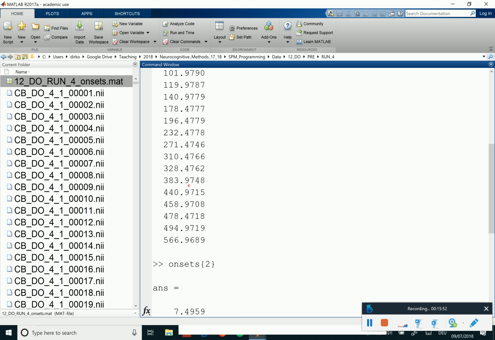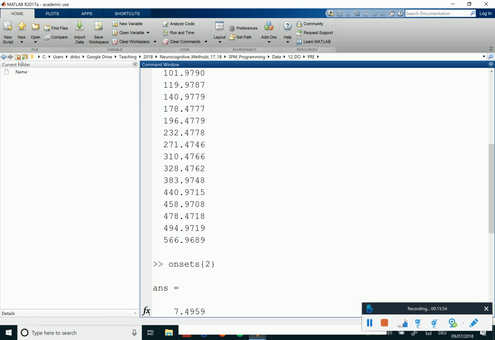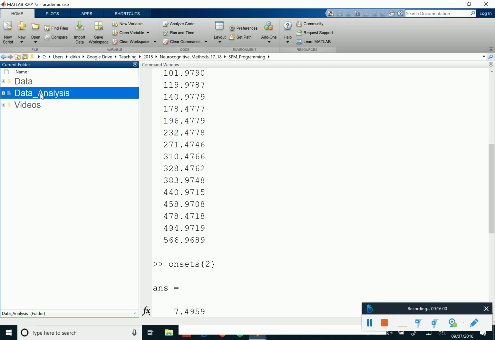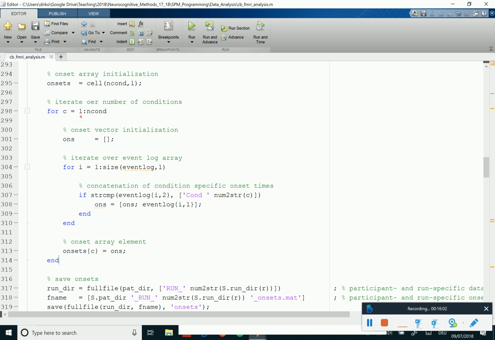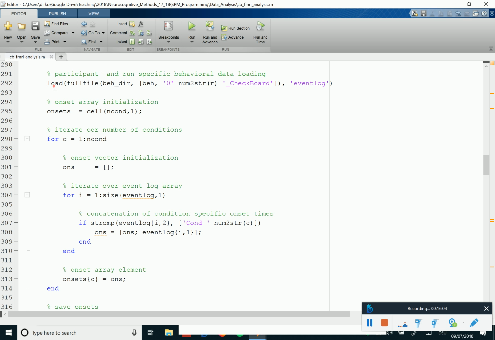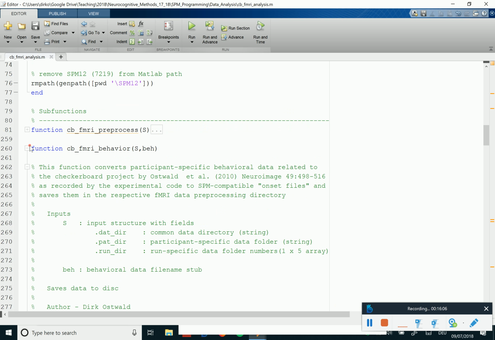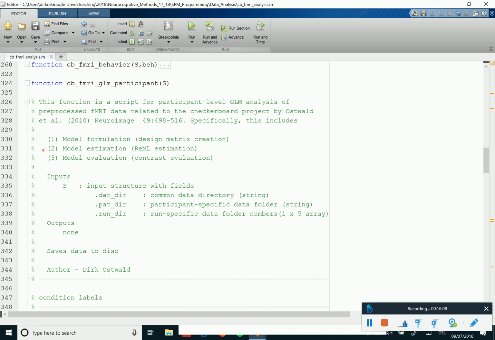Good. So based on this, we are now in the position to continue with our GLM script. And this is here.